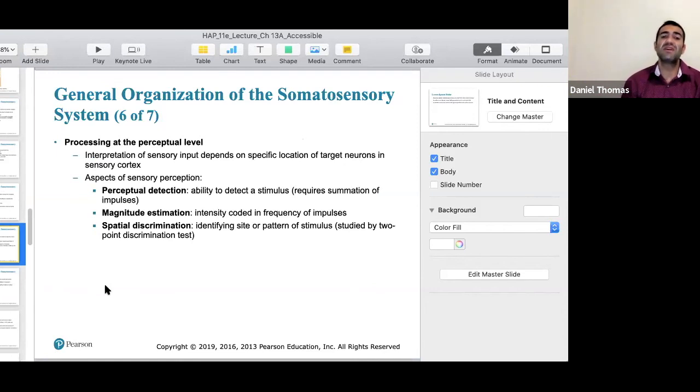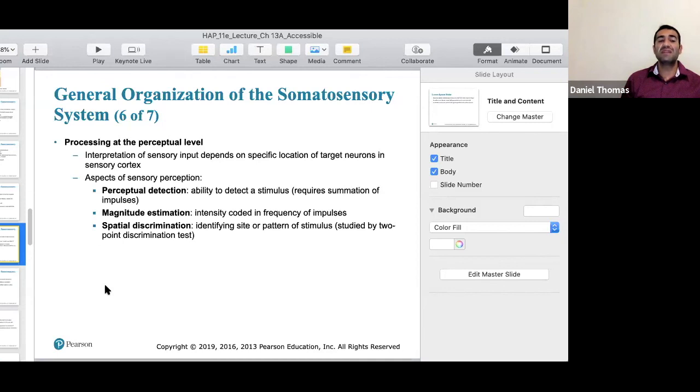This is our ability to detect a stimulus, meaning that this is the ability for the neuron to actually do its job. Next is what we call magnitude estimation. Neurons have the ability to detect how intense the stimulus is, and they'll adjust their signal to the brain depending on that.